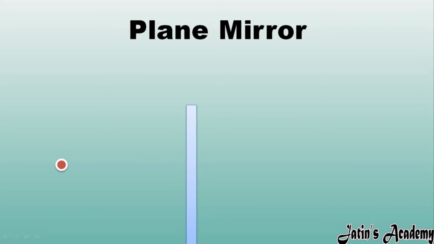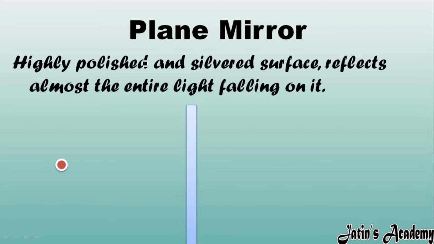Next we are going to study the plane mirror. What do you mean by a plane mirror? See the definition carefully. A plane mirror is a highly polished and silvered surface. As I already told about the mirror, in a similar manner we study the plane mirror.